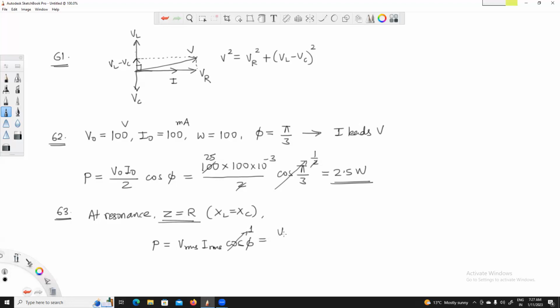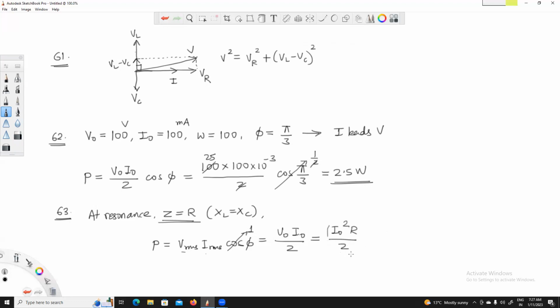So this is nothing but V naught I naught divided by 2, because I can write this RMS in terms of peak value. And again, if you write this particular thing in terms of only current, you get I naught square times R divided by 2.